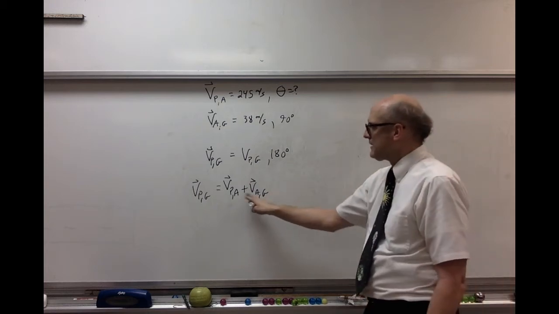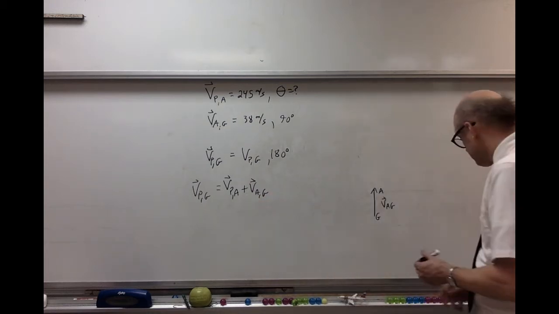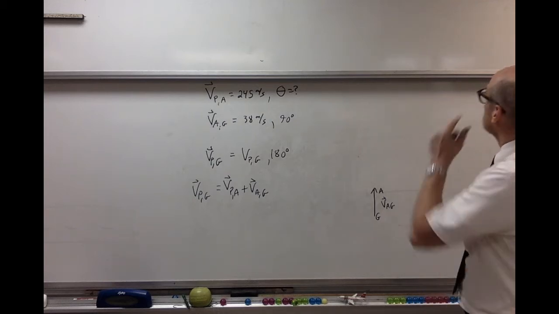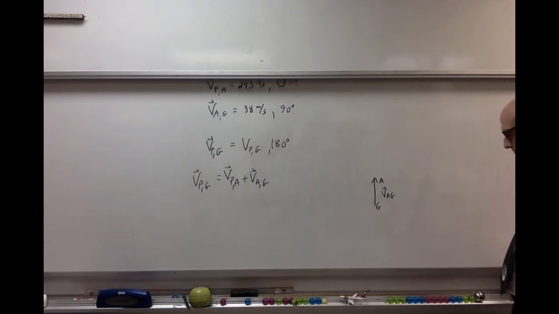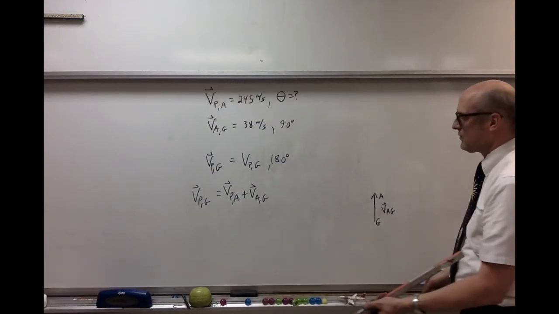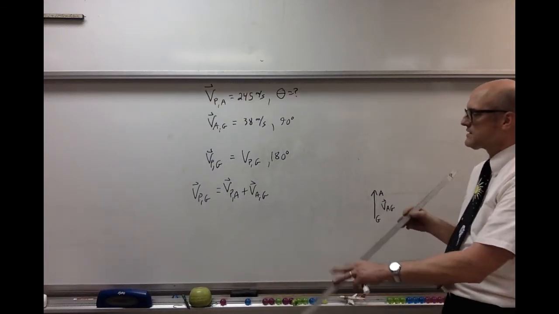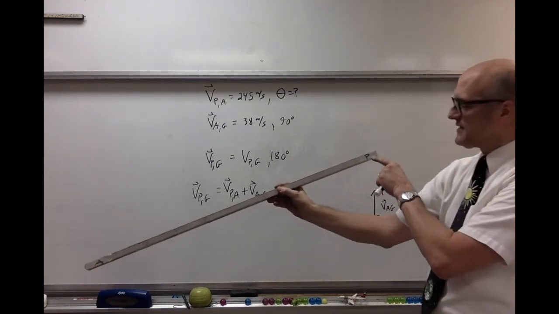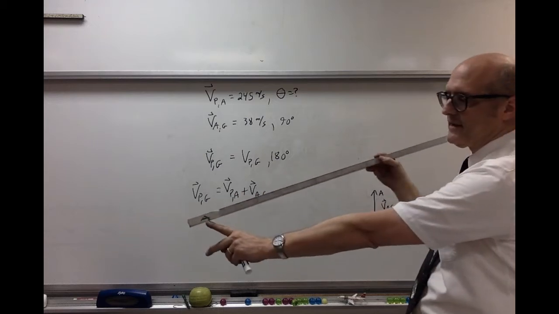Now, if I add to that VPA, I am going to let this ruler represent the velocity of the plane relative to the air. And what I did is I put a P on this end and an A on that end.